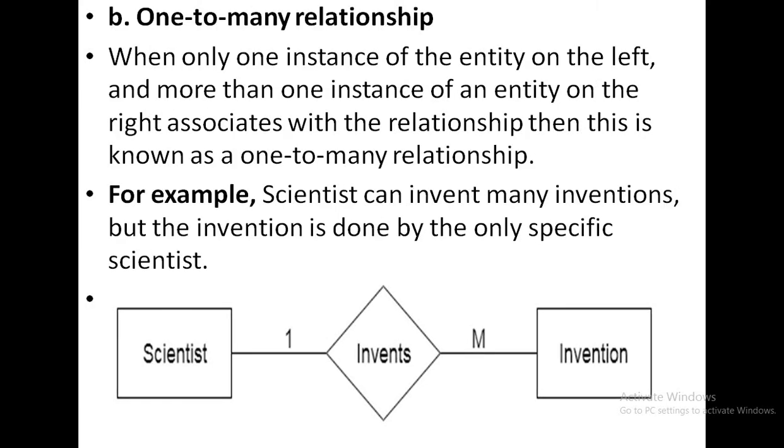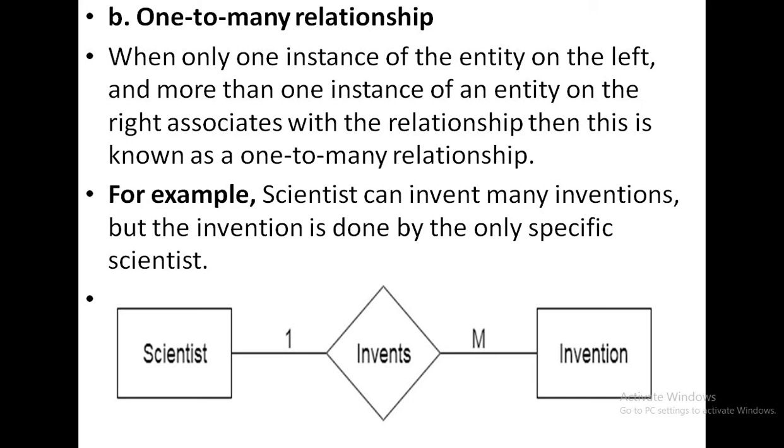The next relationship is the one-to-many relationship. When only one instance of the entity on the left and more than one instance of the entity on the right associates with the relationship, then this is known as the one-to-many relationship. For example, a scientist can invent many inventions, but an invention is done by only one specific scientist.